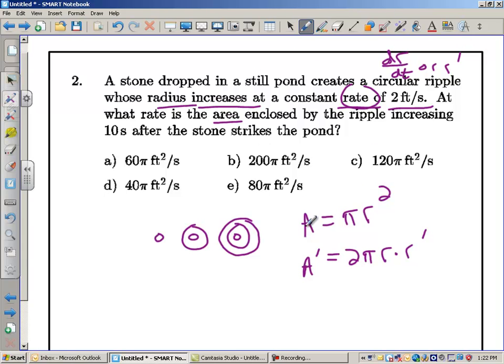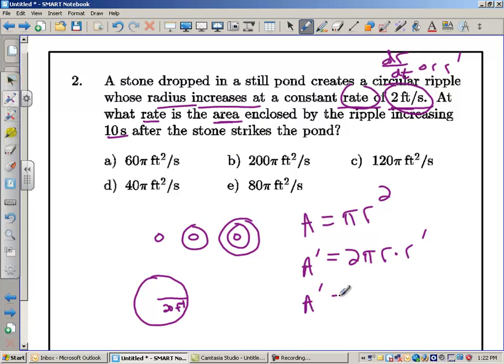Okay, now we have to have our picture here. We freeze our picture. This freezing the picture happens 10 seconds later. The radius has been increasing at 2 feet per second. That means our radius is 20 feet. Now what is r prime? Well, r prime is given to us as 2 feet per second. So A prime, which is what we're looking for, what is the rate of the area? How is that increasing?